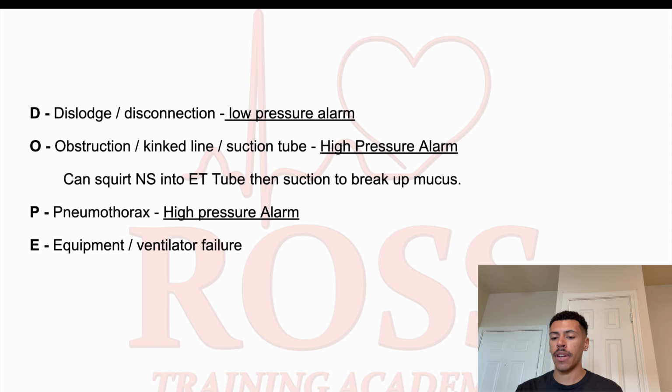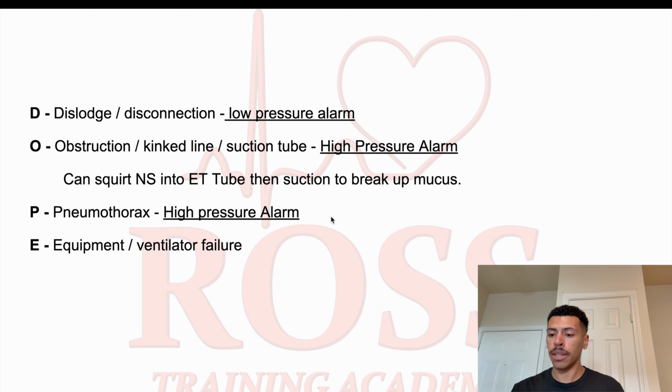And if there's any resistance as you're breathing for them with that bag, then we can heavily start thinking that it's an ET tube issue or a patient lung issue, meaning that there needs to be a new intubation attempt, or there needs to be a review for a possible pneumothorax.